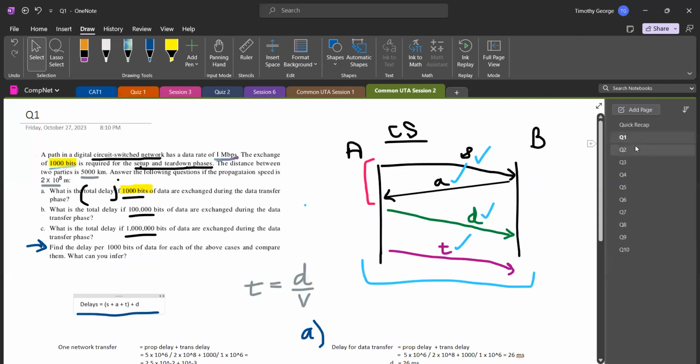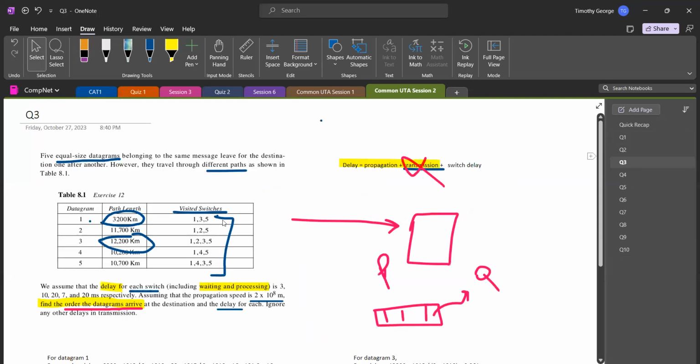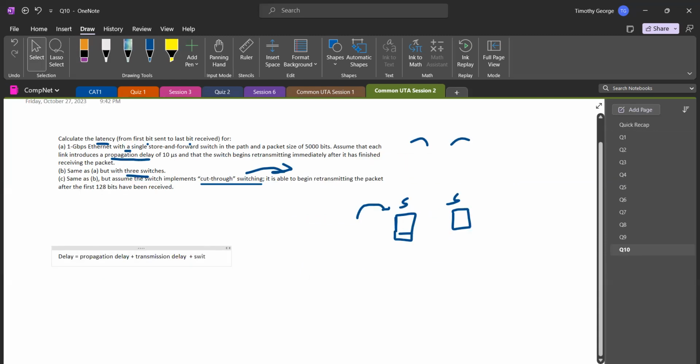So let's just write switch delay, but it says here the switch transmits immediately, so there is no switch delay. But what we have is propagation and transmission. Propagation is given as 10 microseconds. Transmission is not given. So let's calculate the transmission delay.